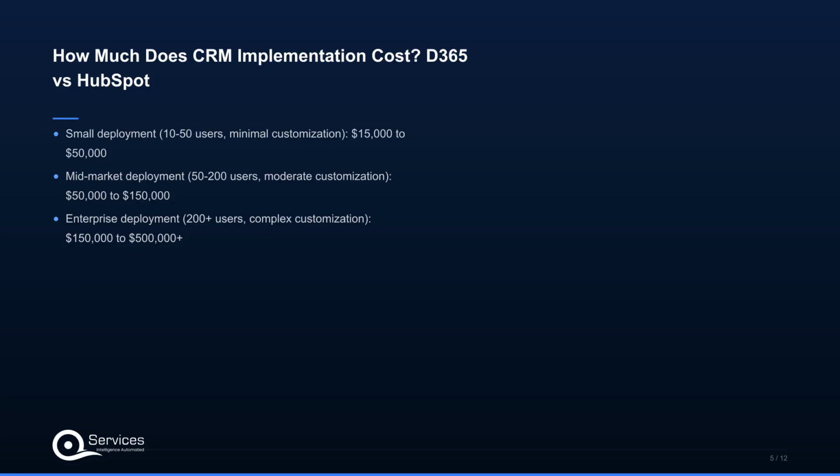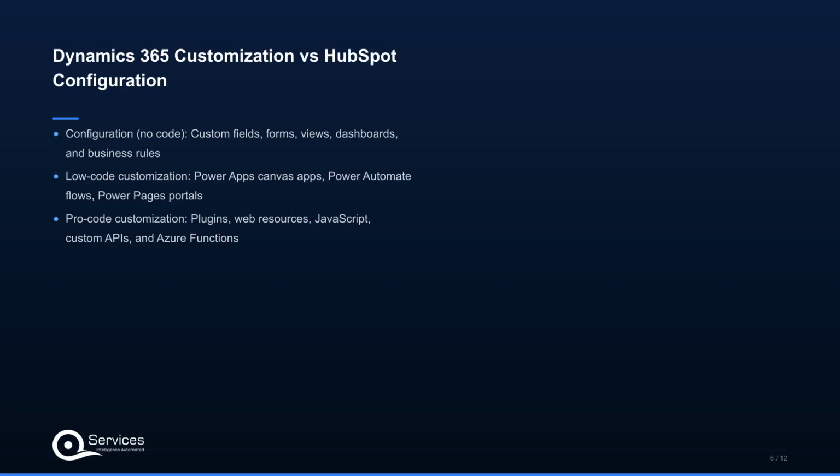Now, let's talk about Dynamics 365 customization versus HubSpot configuration. Dynamics 365 customization is one of the platform's defining strengths and its biggest complexity driver. Getting this right is the difference between a CRM that fits your business and one that fights it. D365 customization happens at 3 distinct levels.